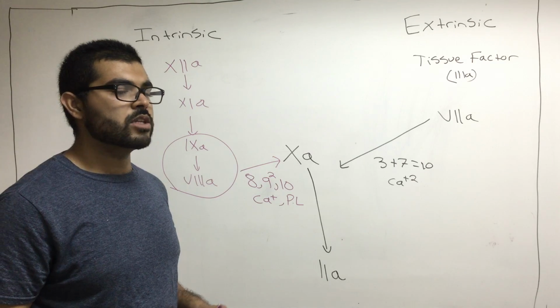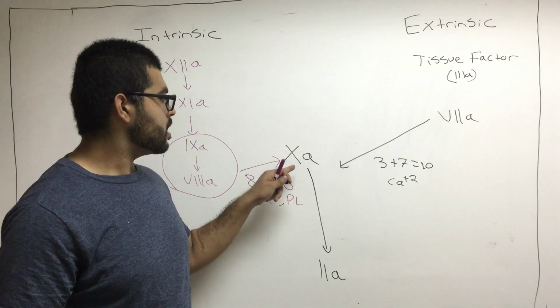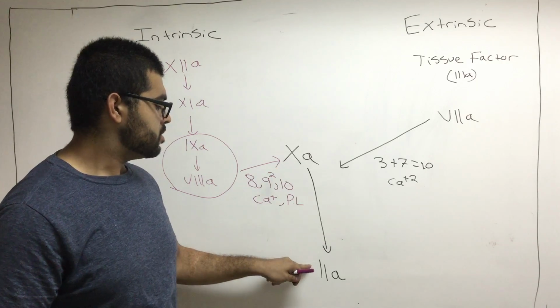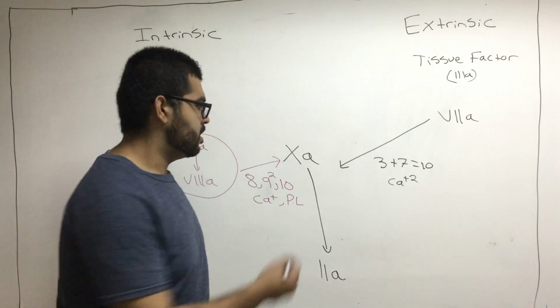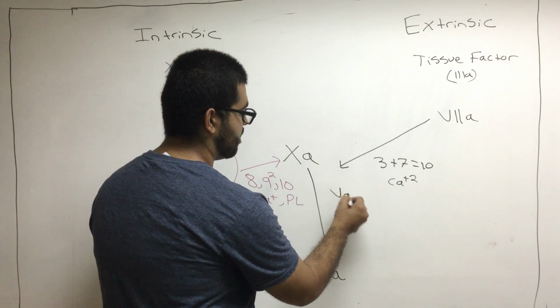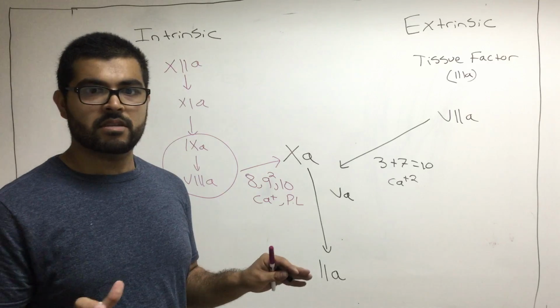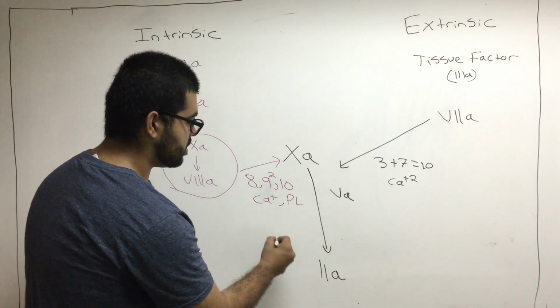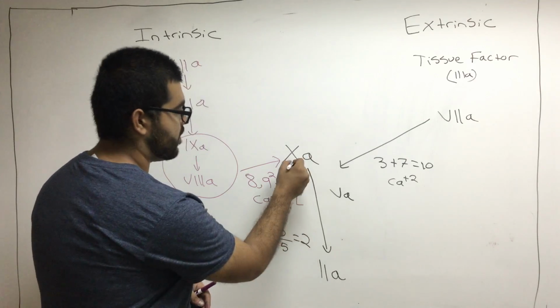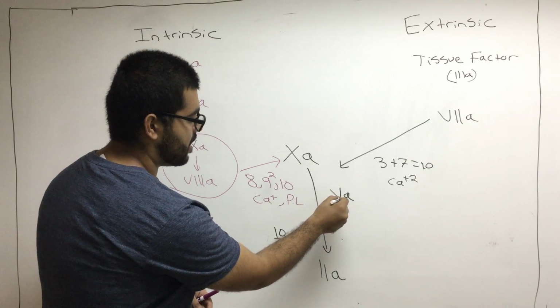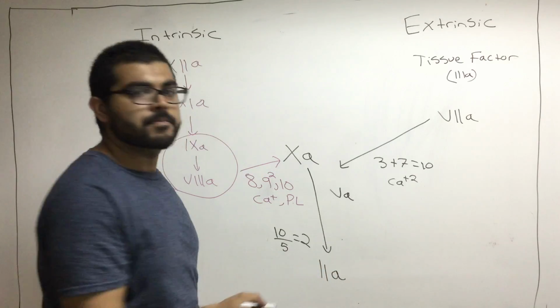So if we just do simple division, what can we divide 10 by to get 2? That's 5. Simple math. So we need factor 5A. Simple as that, right? So in this case, 10 divided by 5 equals 2. Factor 10A with factor 5A will make factor 2A.